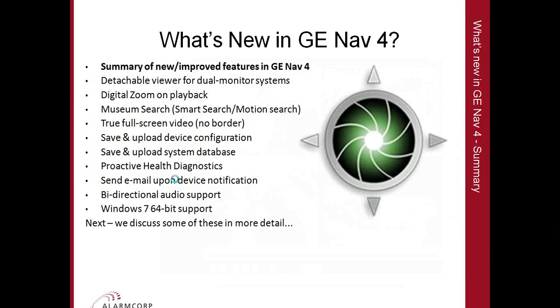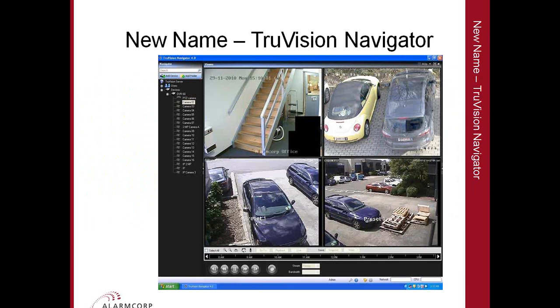Okay, first thing to note, GE Nav will be changing its name. The new name will be TruVision Navigator. So it will no longer be called GE Nav. It will be called TruVision Nav or TruVision Navigator. And here you see a screenshot of TruVision Navigator version 4.0. And this is the version that we are predominantly talking about today.